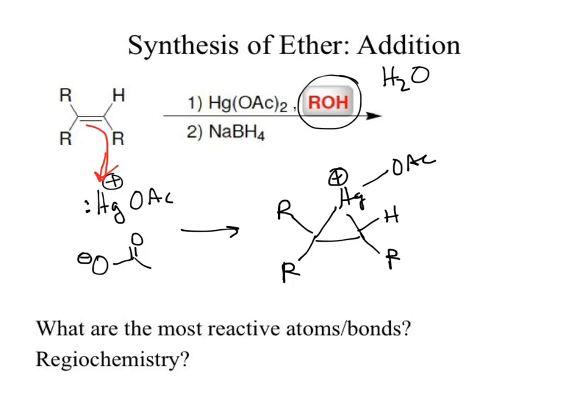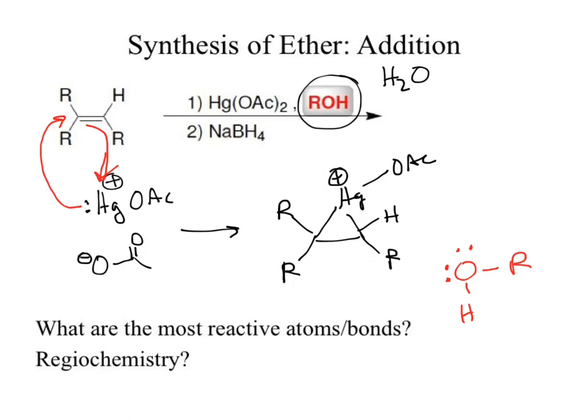Mercury is so large that as the double bond comes out and reacts, the lone pairs on that mercury go right back towards our most positive carbon in that structure to form the mercuronium ion. This is then followed by our nucleophile attacking the most positive position, which happens to be mercury.